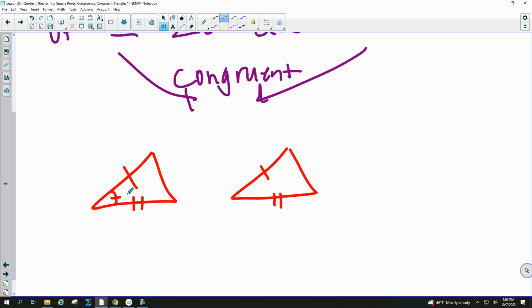That's side angle side. If I know those are congruent, what else is congruent? That side, those angles, everything else is congruent. That's all it means, okay? I can just set whatever I want equal, all right? As long as it's corresponding parts, meaning like same sides, right? That's it. Corresponding parts of congruent triangles are congruent.